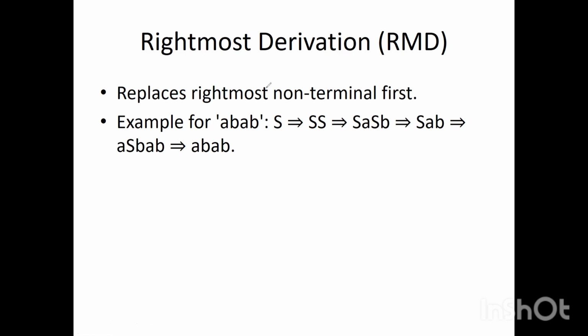How will be the derivation tree of this? S. Then there will be two branches as there are only two production rules. Now this rightmost S will be again replaced by ASB. So there will be three branches.